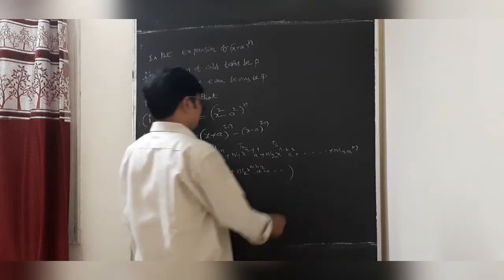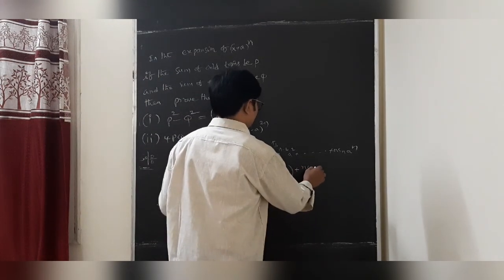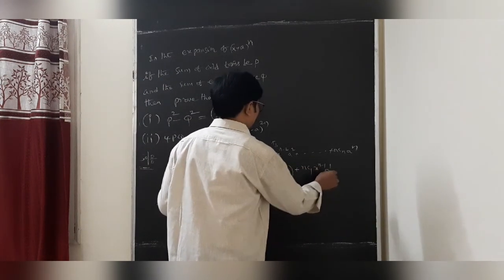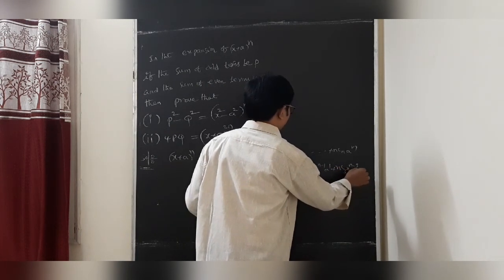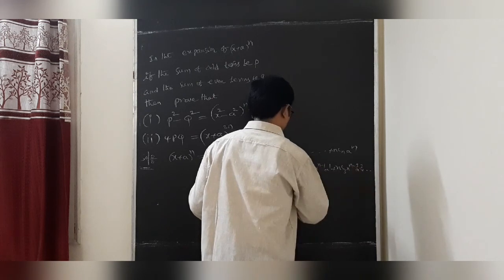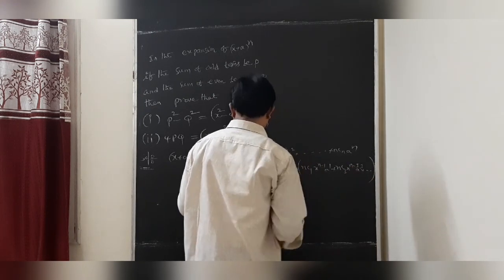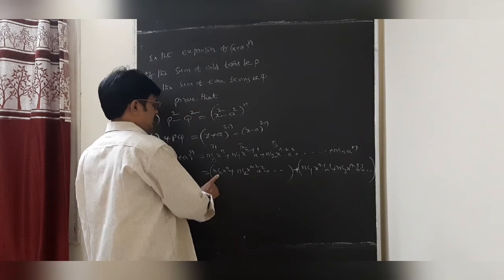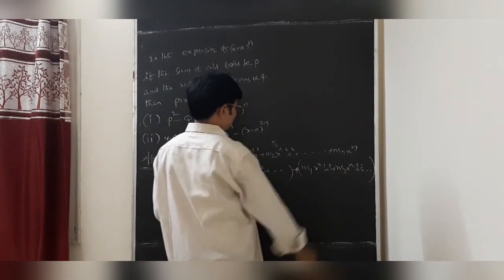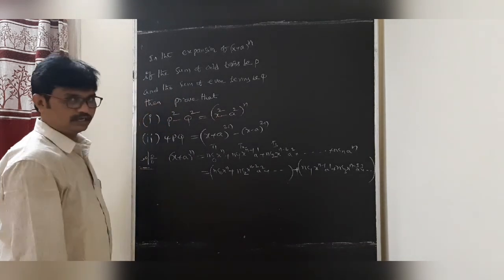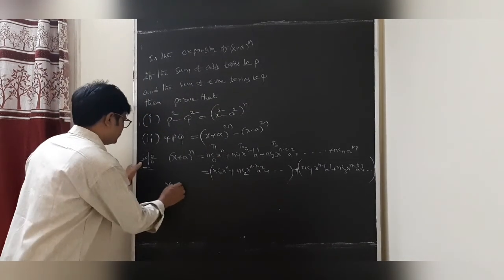Now the even terms are nC1 x power n minus 1 a power 1, after that nC3 x power n minus 3 a cube. These are the first term, the third term, the second term, the fourth term.